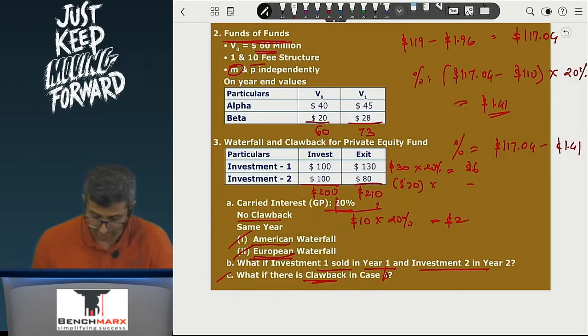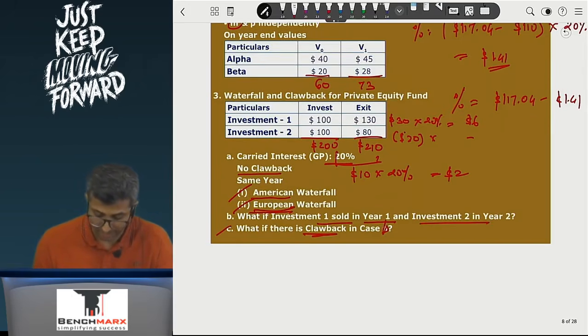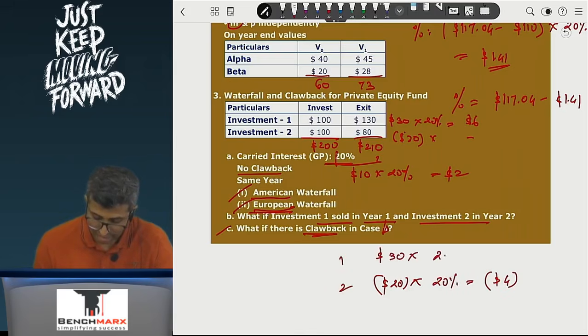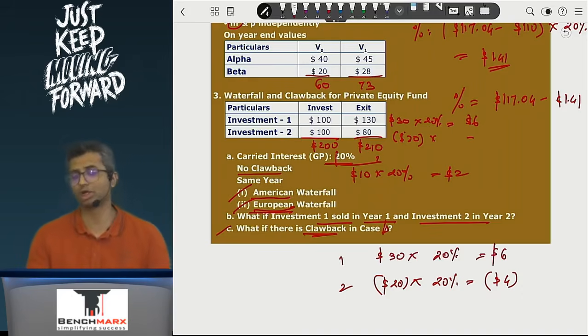In which case, in case of a European it will not matter, but in case of an American, on the $20 loss on the second investment, $20 loss into 20%, that is equal to $4, will be clawed back. On the first investment I must have given $30 into 20%, that is equal to $6, and with a clawback clause later I will claw back $4.